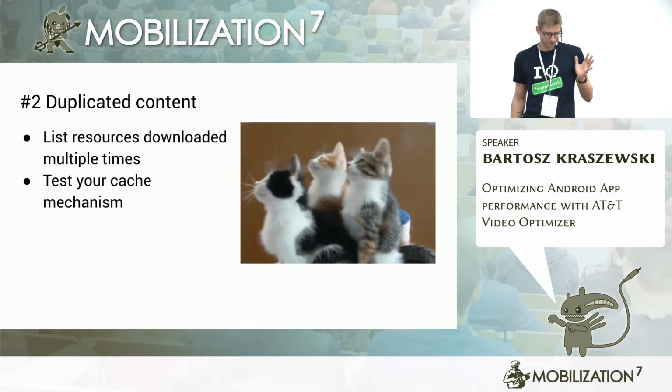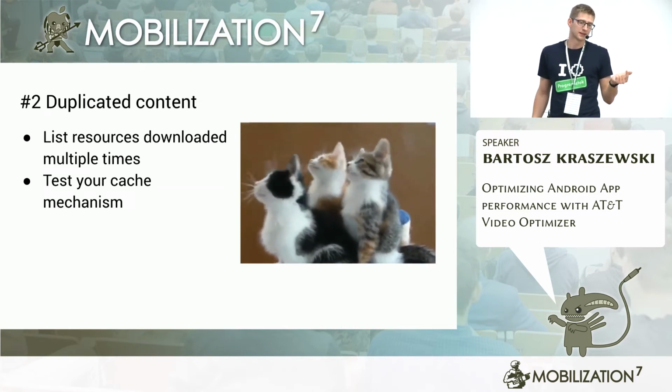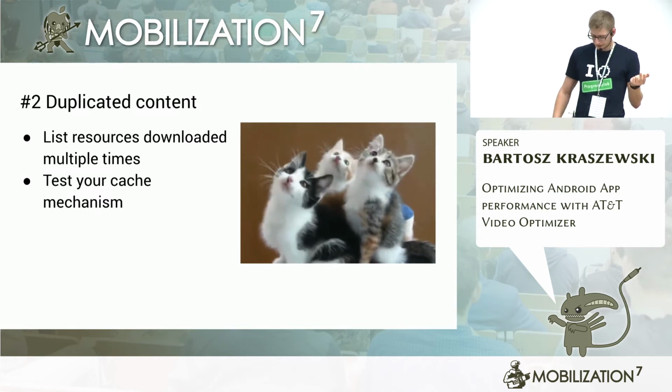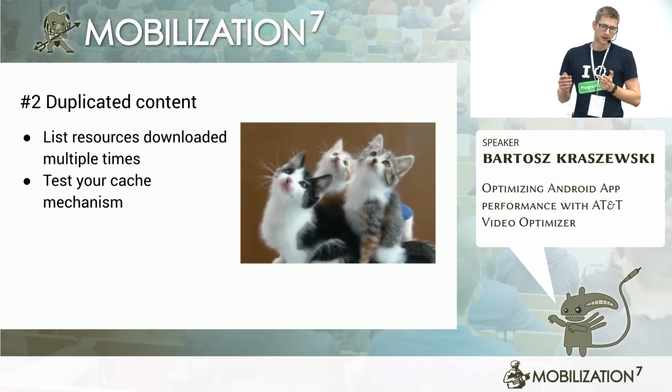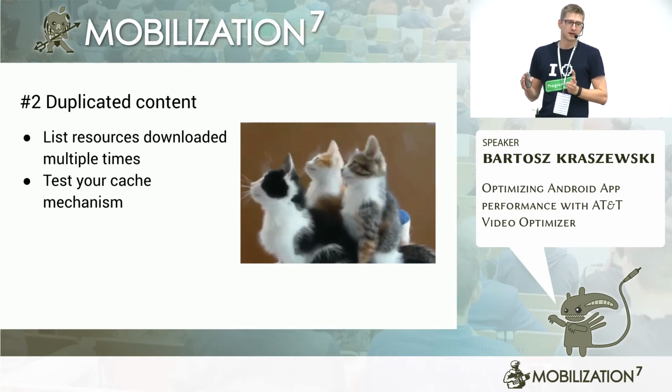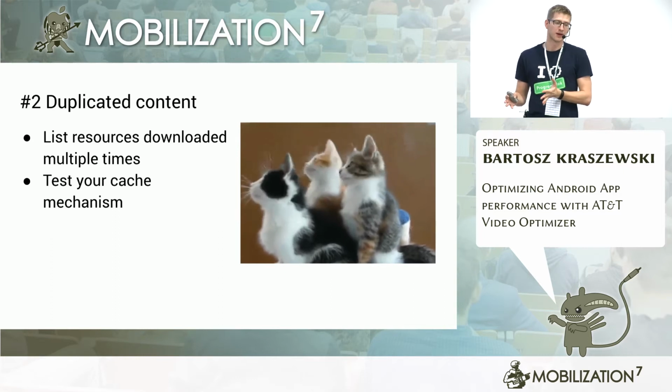Because normally, if you download some script, static text, image from a server, it's a good idea to make sure that headers are set properly and the file gets cached on a disk. And if nothing changed, just use the file copy.